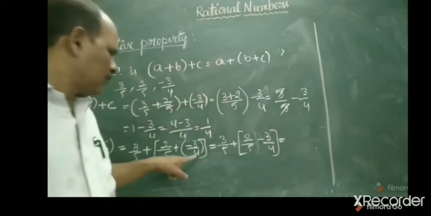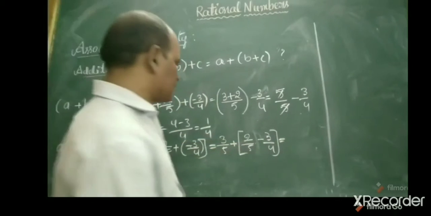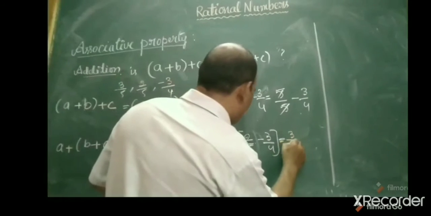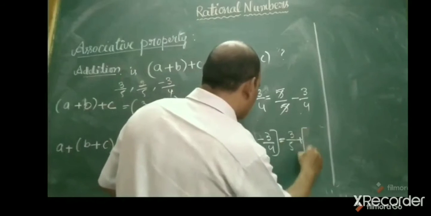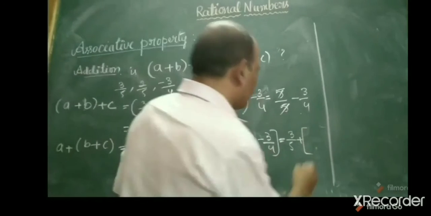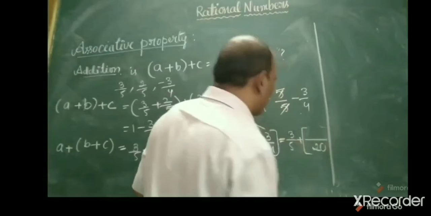Now, further simplification of this problem: 3 by 5 plus bracket of 5 and 4, the LCM of 5 and 4 is 20.